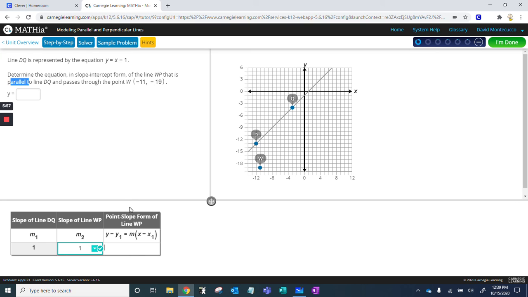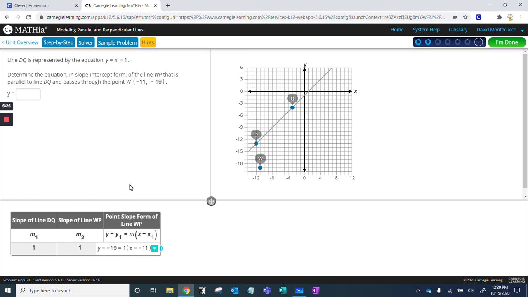So we're going to go y minus a minus 19 equals m, our new slope, 1, because it's parallel, x minus a minus 11. Hit enter.